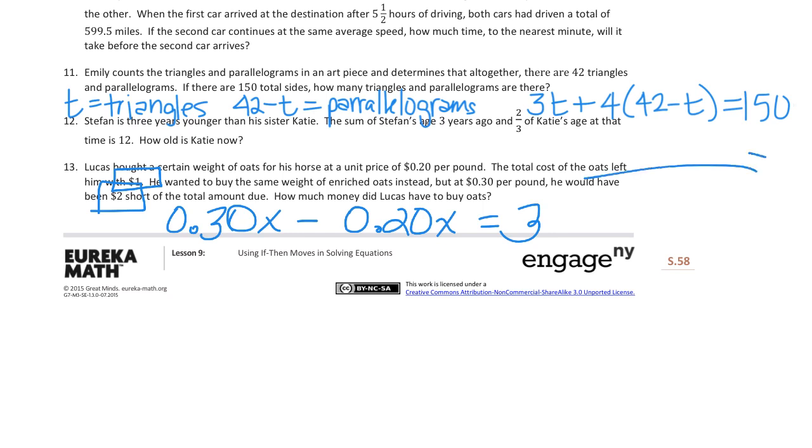So if you think about on your number line, okay, we're at -2 and we're at +1. The difference between those two totals is 3. 1, 2, 3. That's how we get the 3 for the total. Okay, so the same amount of weight at 30 cents compared to the same amount of weight at 20 cents gives me a difference of $3.